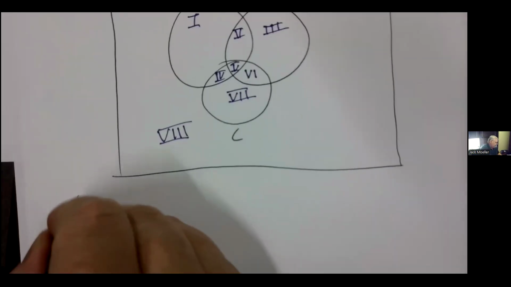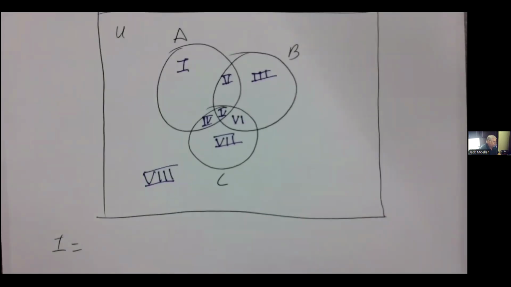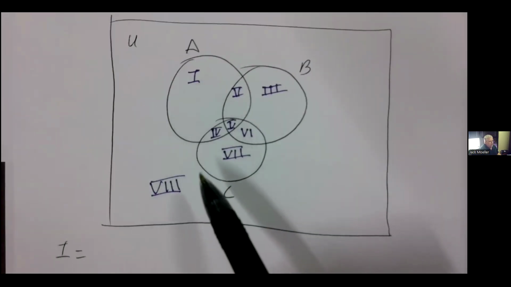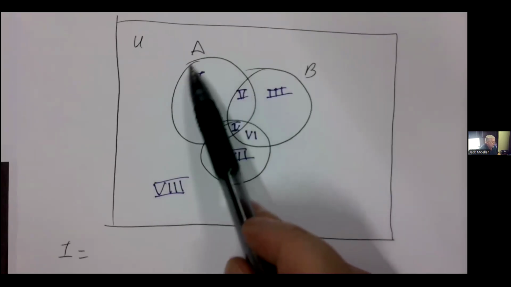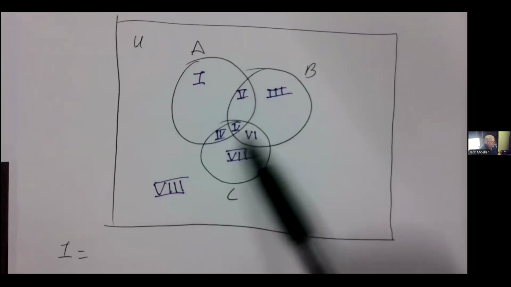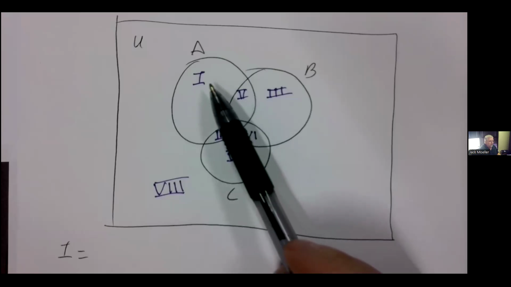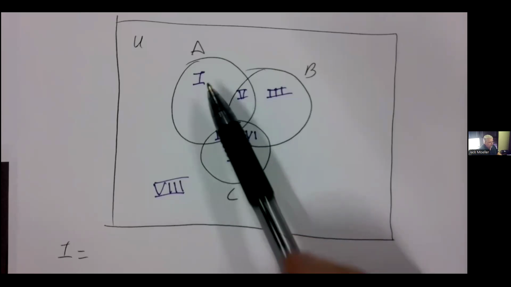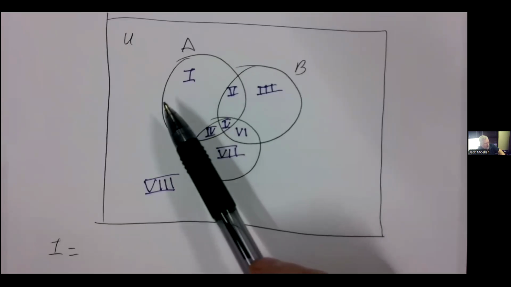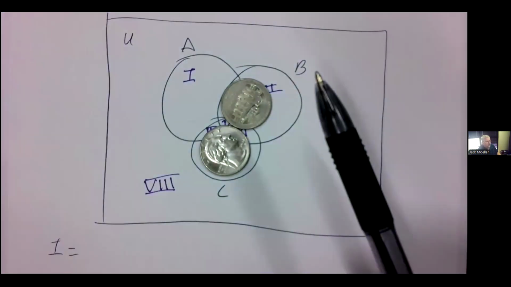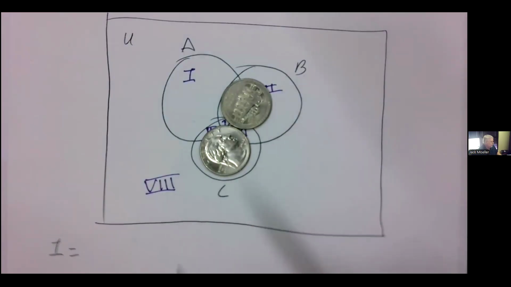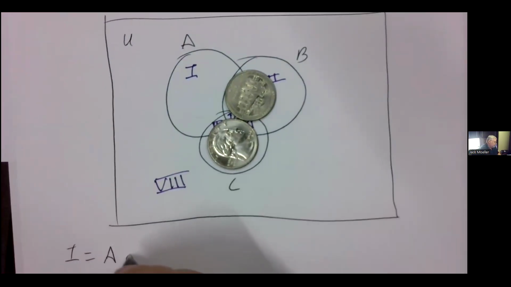For region 1, please don't tell me region 1 is A, because A is 4 regions altogether. It's 1, 2, 4, and 5. If I'm region 1, what can you tell me about that? Well, they're in A, and they're not in B and C. Region 1 is A only.